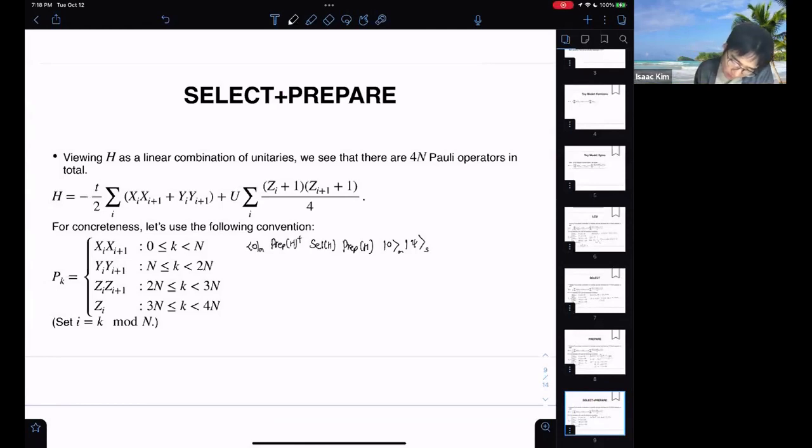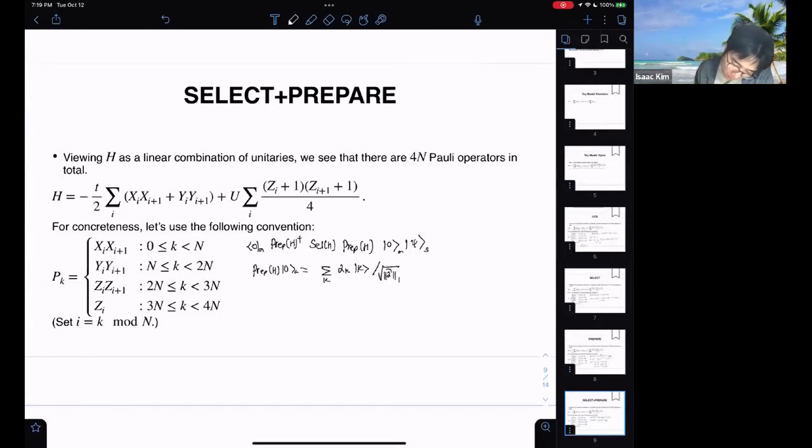So, of course, prep of h, if you apply that to the 0 state, this just becomes alpha k divided by this thing.